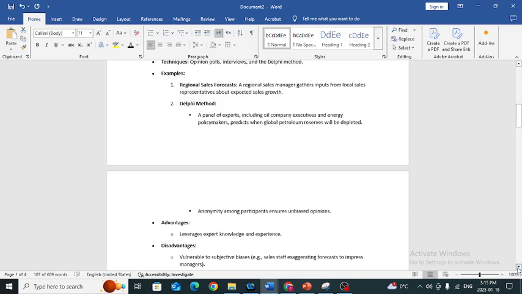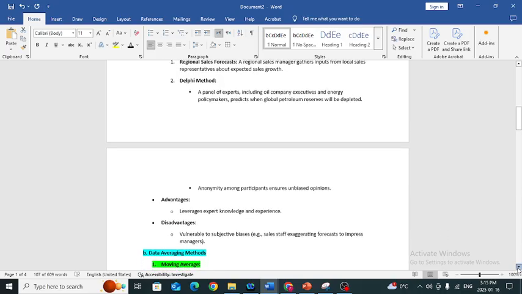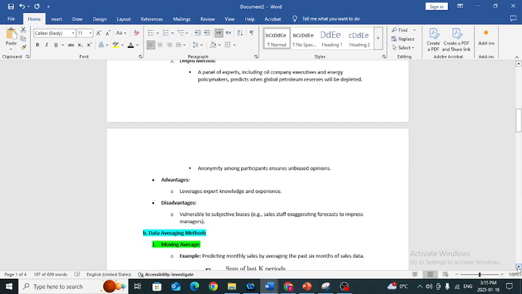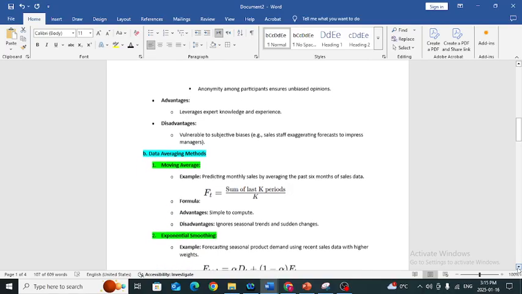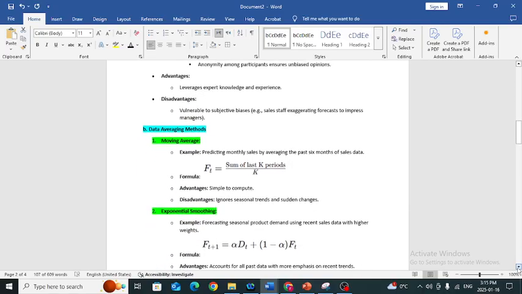The advantage is that it leverages experts' knowledge and experience, but it has some disadvantages. They are vulnerable to subjective biases, such as staff exaggerating forecasts to impress managers.